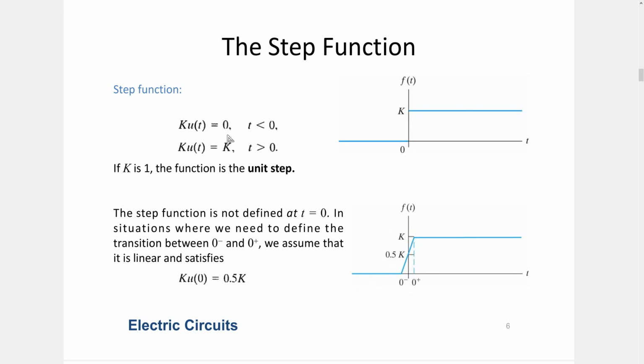So we can define when t equals 0, k u(0) should be 0.5k. So this is a definition that saves the day when we are dealing with these functions in the mathematical domain, when we are doing algebra with them.